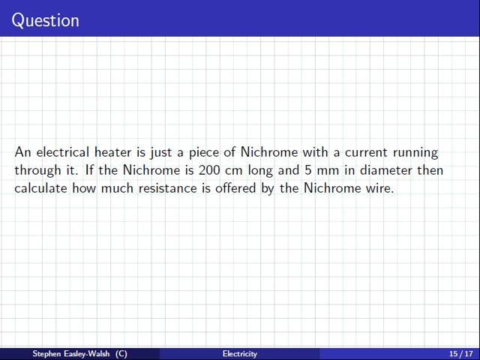You got it, Eva? You got it? 0.11. Correct, 0.11 ohms.